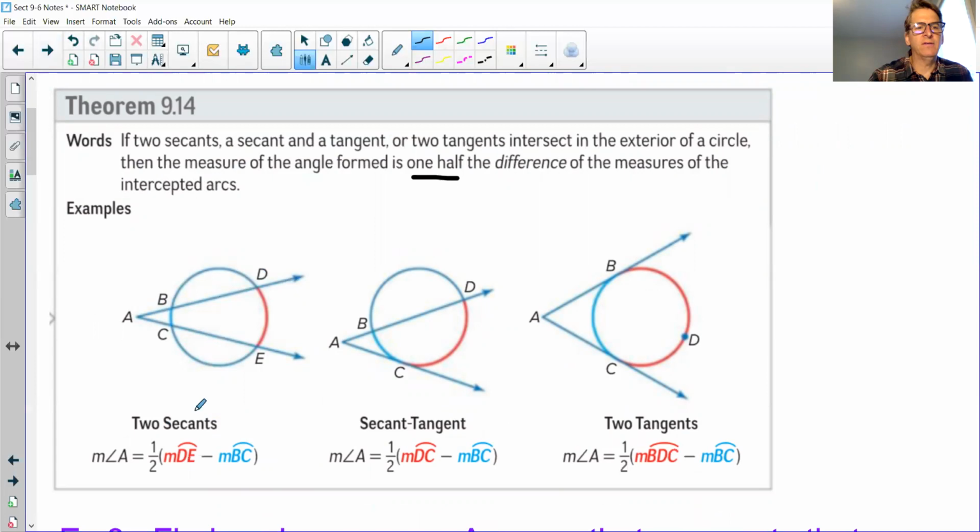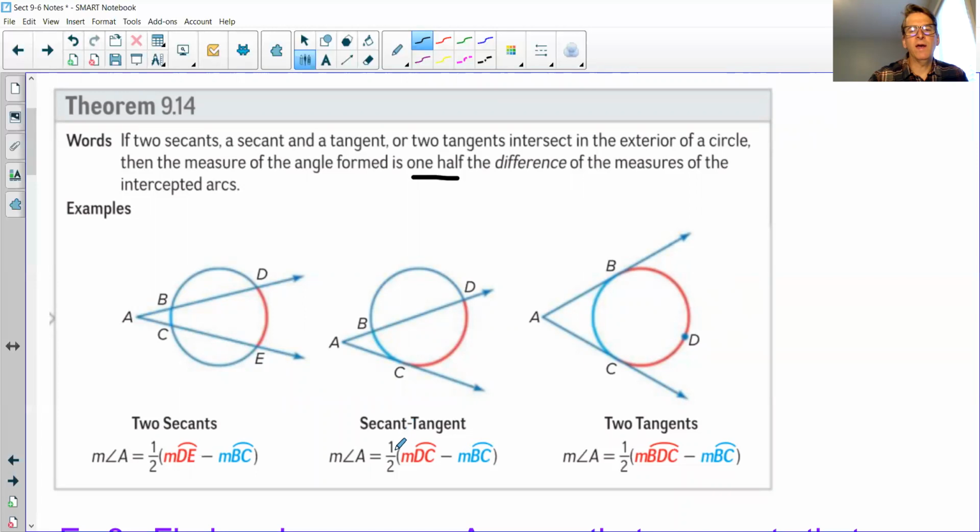We have two secants here. The measure of angle A will be 1/2 the difference between the measure of arc DE out here and the measure of arc BC here. 1/2 of the difference. All right? Let's say you have a secant and a tangent right alongside the circle there.